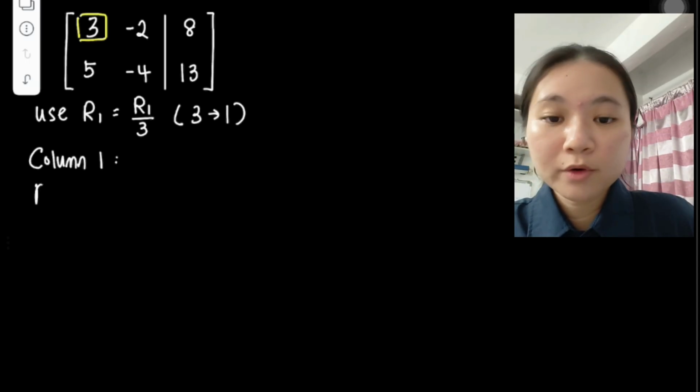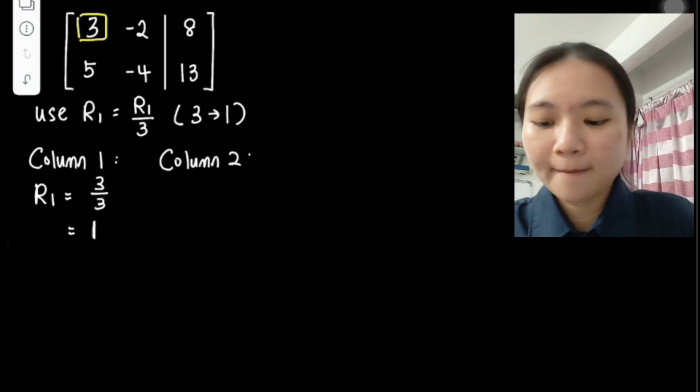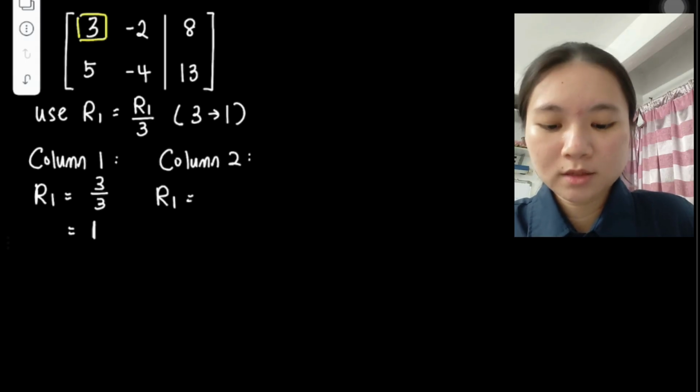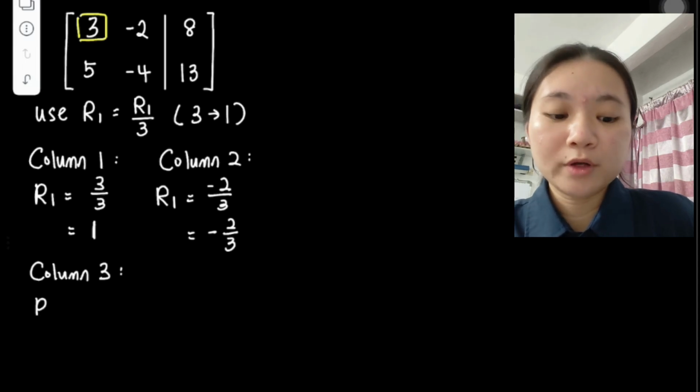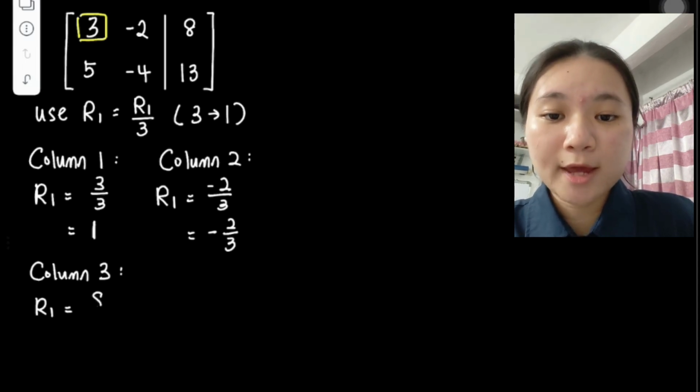For column 1, row 1, the value is 3. Using the formula, we divide 3 by 3, which equals 1. Then, for column 2, row 1, the value is negative 2. Using the formula, we divide negative 2 by 3, which equals negative 2 over 3. For column 3, row 1, the value is 8.